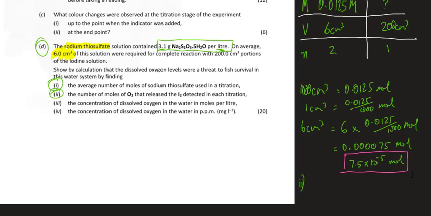I'm just going to divide this by 4, because there's a 4 to 1 ratio of thiosulfate ion to oxygen. So I'm just going to divide this value by 4, and that'll give me the moles of oxygen formed. So divide that by 4, and I get 0.0001875 moles.